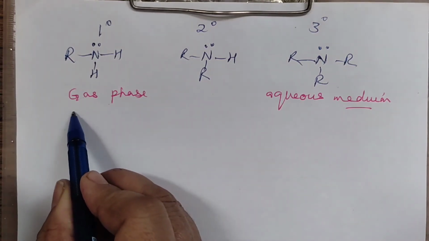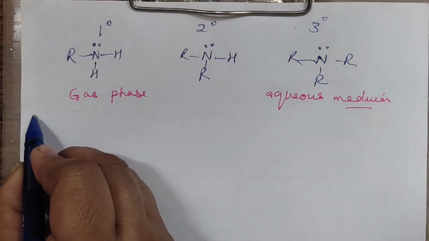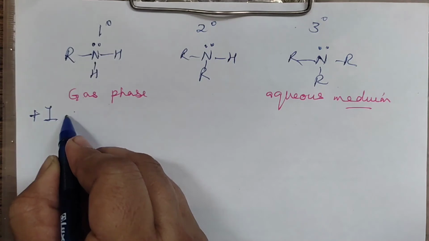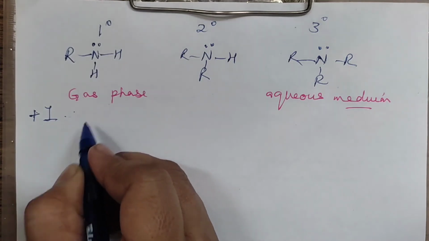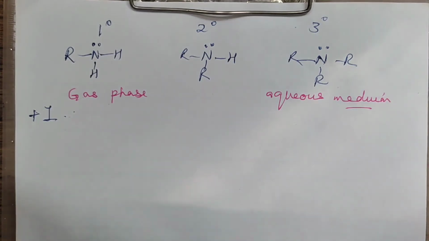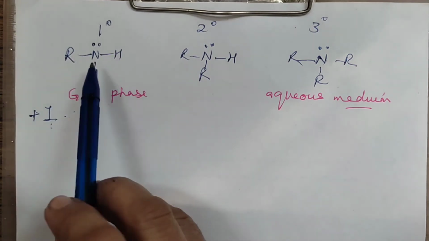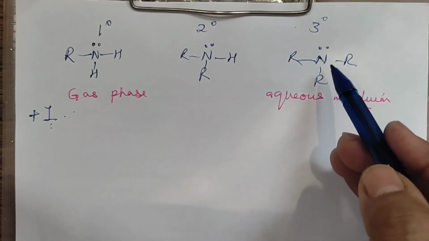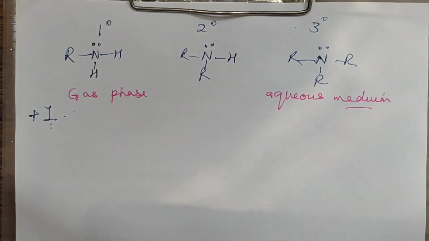Now in gas phase, there is only one effect that is applicable, that is the positive I effect, the inductive effect. Now what is this effect saying? Positive inductive effect says more the alkyl groups, more will be the electron pushing towards nitrogen, more will be the basic nature.